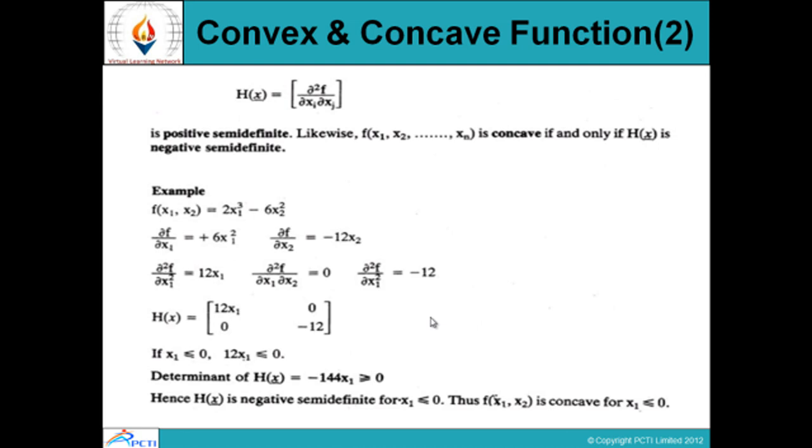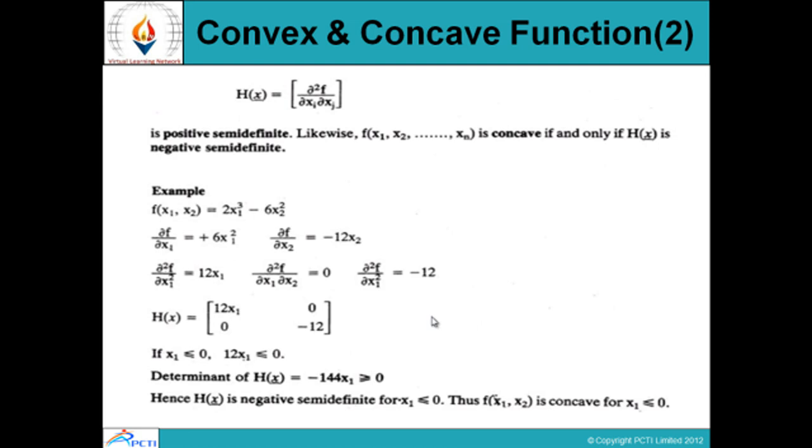Example: the function f(x1, x2) equal to 2x1 cube minus 6x2 square, ∂f upon ∂x1 equal to 6x1 square and ∂f upon ∂x2 equal to minus 12x2. So ∂²f upon ∂x1 square equal to 12x1 and ∂²f upon ∂x1 ∂x2 equal to 0, ∂²f upon ∂x2 square equal to minus 12.